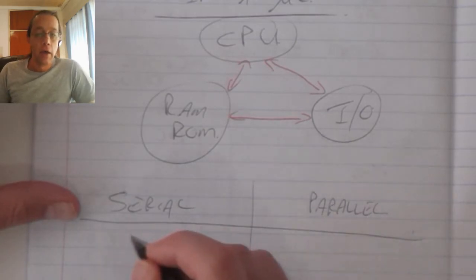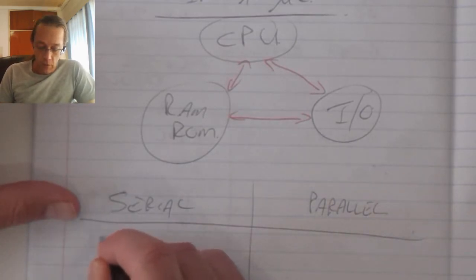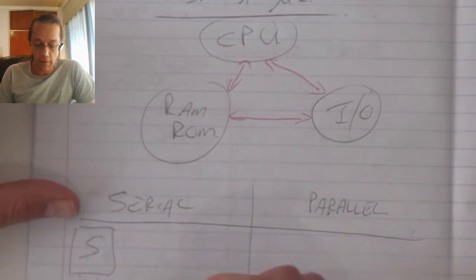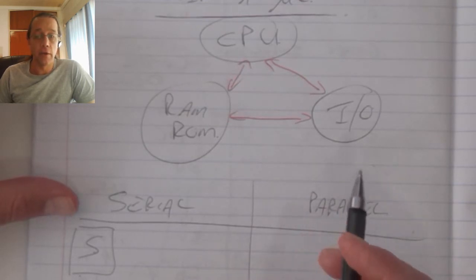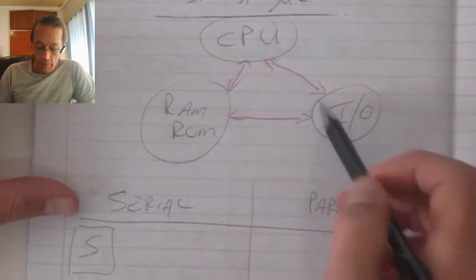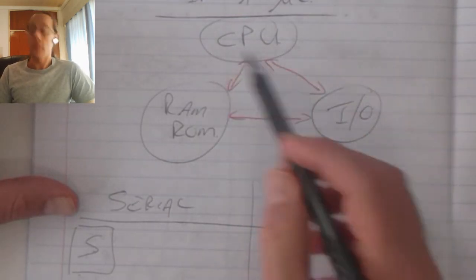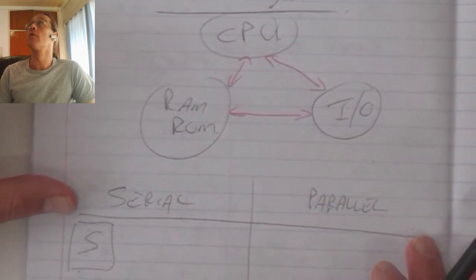In essence, what that means is we will have a sender, the device that is sending the information, and we will have a receiver that is receiving the information. The sender is one of the three devices, and the receiver is another device.